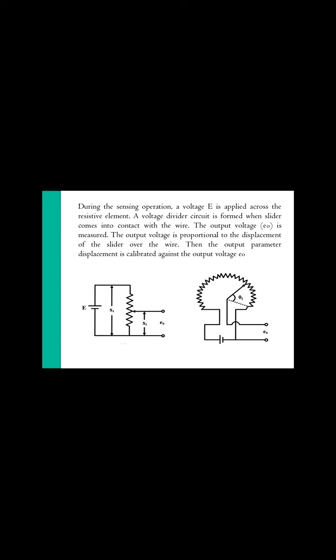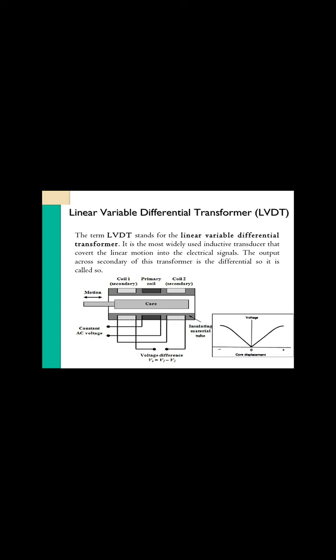Then a voltage divider circuit is formed when the slider comes into contact with that wire. The output voltage is then measured. The output voltage is proportional to the displacement of the slider over the wire. Then the output parameter, displacement, is calibrated against the output voltage E0.